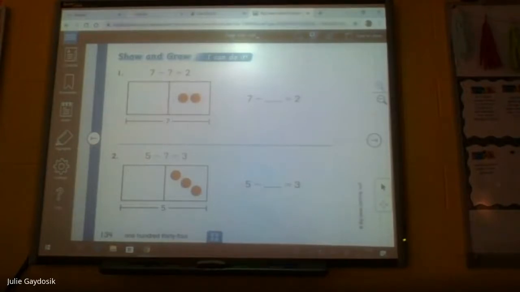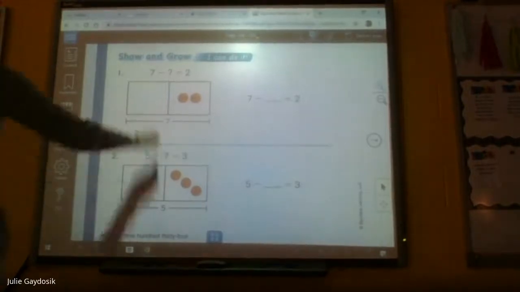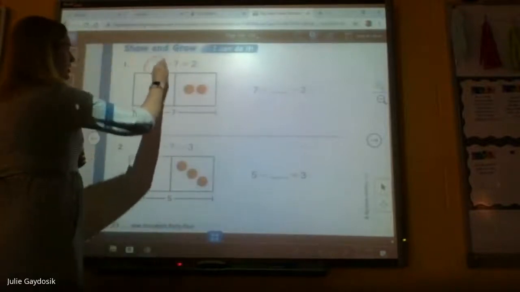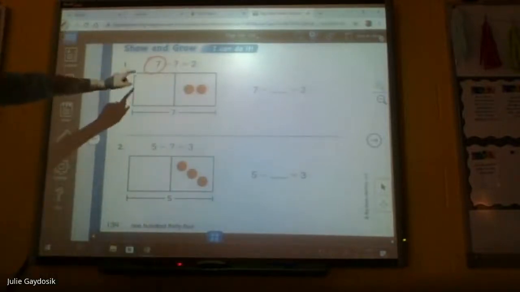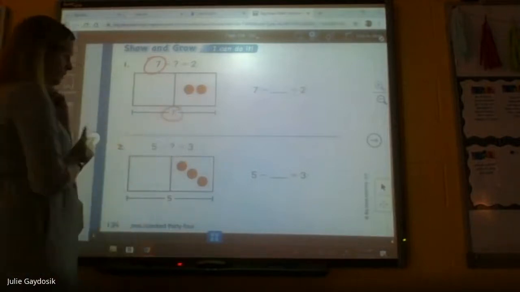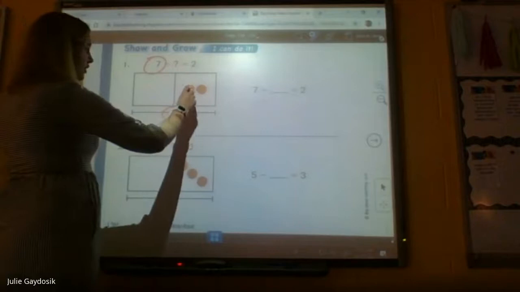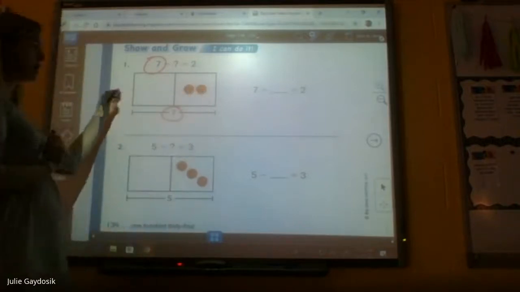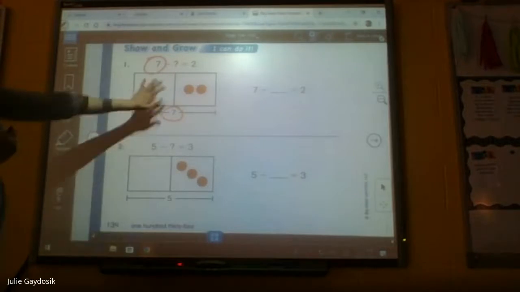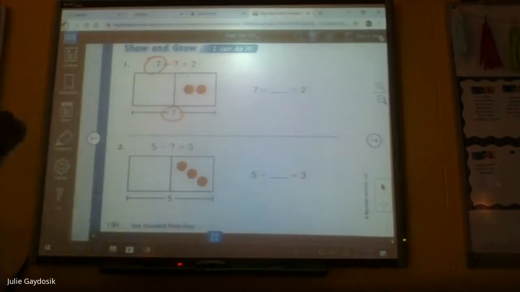To solve this, you want to make sure that you understand that 7 is the total number, because in subtraction, this number here is the biggest number, right? So like in a part whole, this number here is your whole. So I see that I have 2 left. Well, I want to know how many I took to get to 2. So you could always solve this and do an open number line.